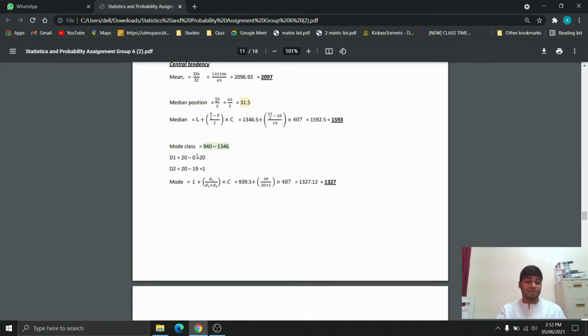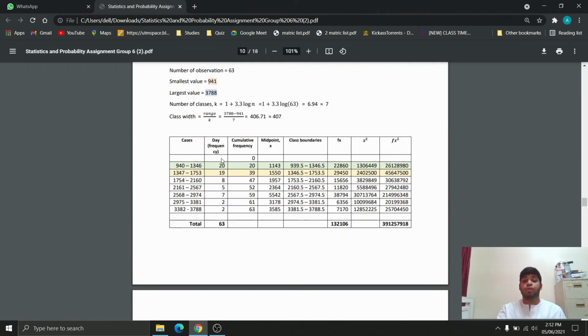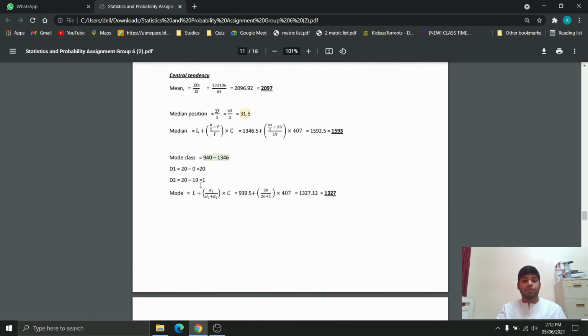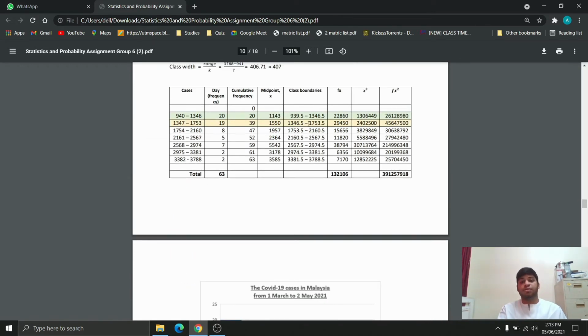So d1 is the difference between the frequency of the modal class and the frequency of the class before it, so this class minus the class before it. And d2 is the same thing, but it's the difference between the frequency of the modal class and the class after it. So that means this green one minus this yellow one.